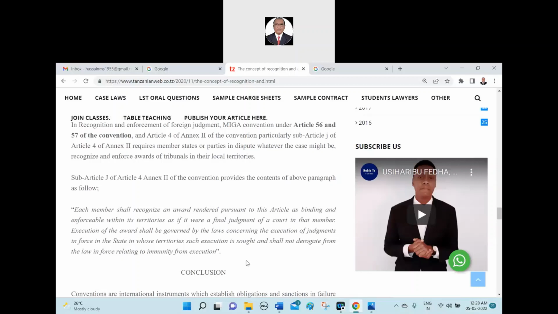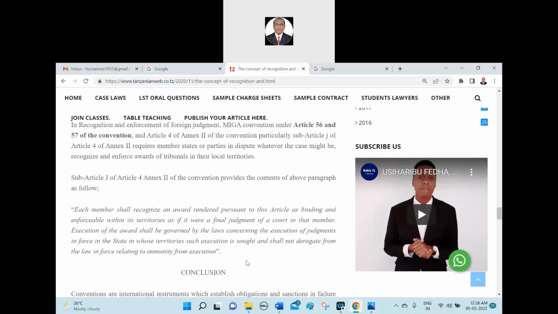Each member shall recognize an award rendered pursuant to this article as binding and enforceable within its territories, as if it were a final judgment of the court of that member. The execution of the award shall be governed by the laws concerning the execution of judgments in force in the state in whose territory execution is sought, and shall not derogate from the law in force relating to immunity from execution.